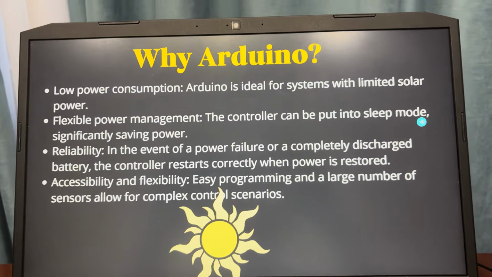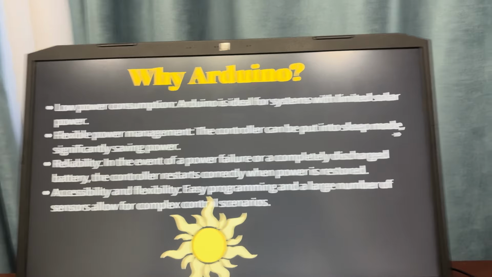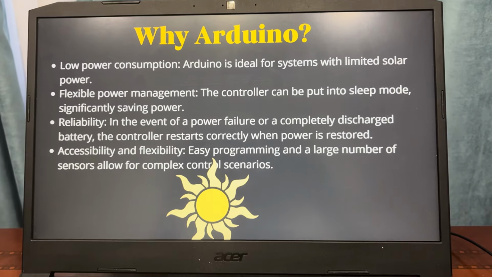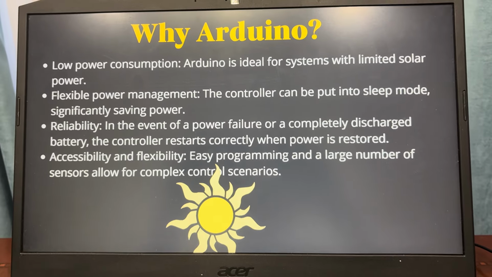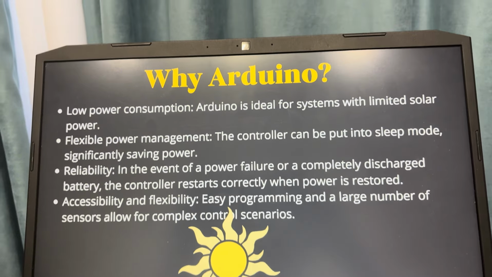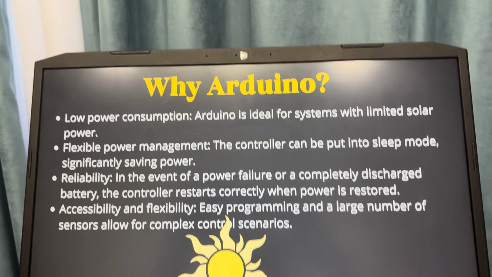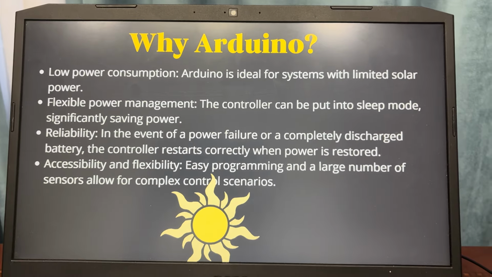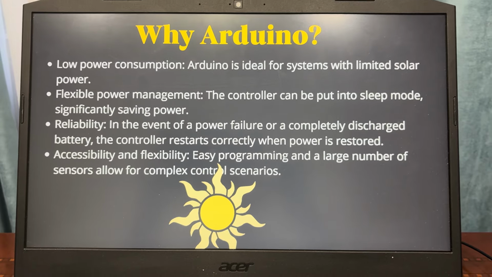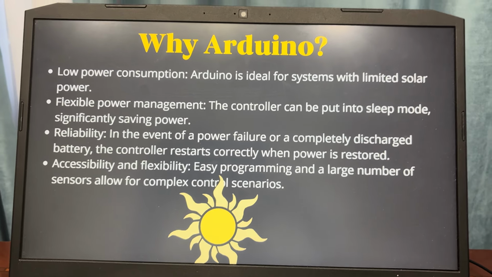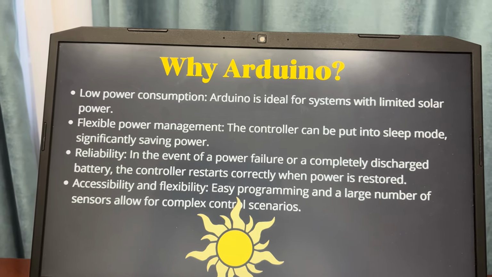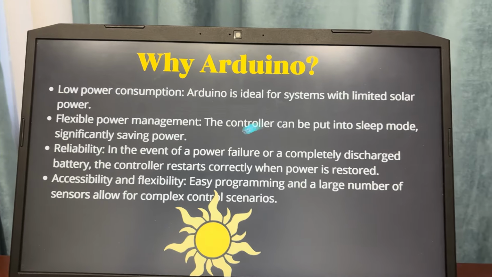Why Arduino? Low power consumption. Arduino is ideal for systems with limited solar power, because we need to use a lamp at night time, when we don't have any sun, so it's good for this. Flexible power management.